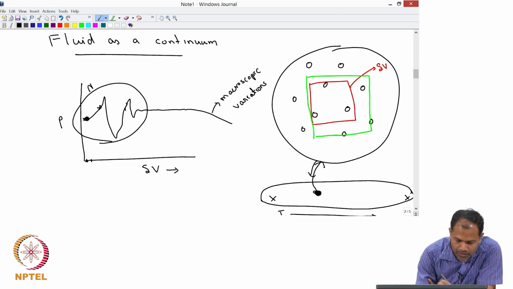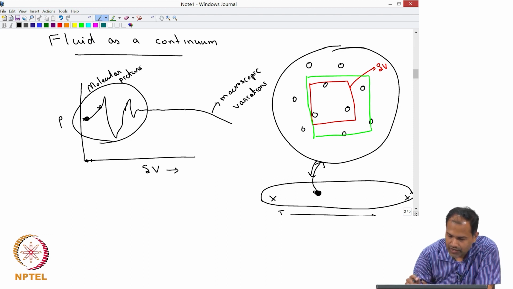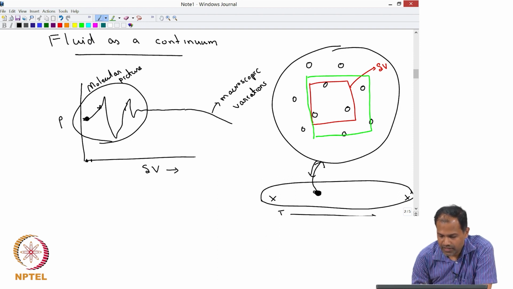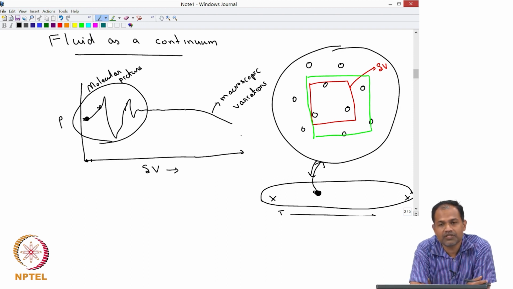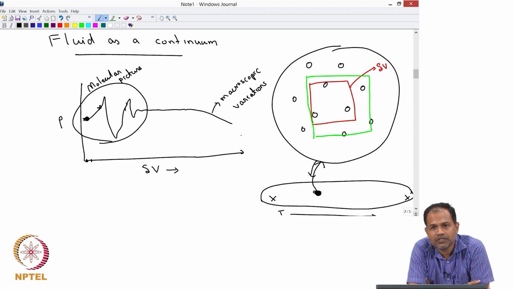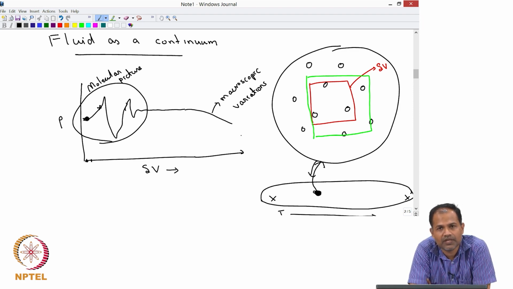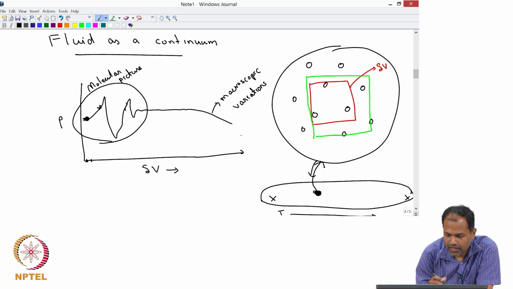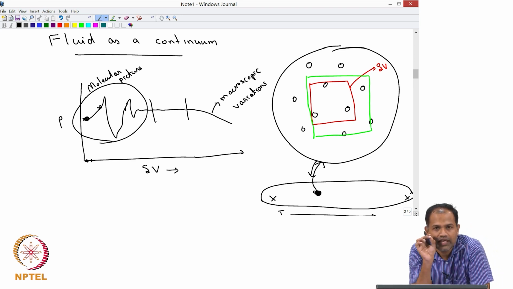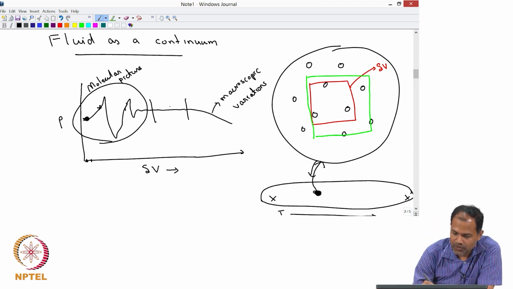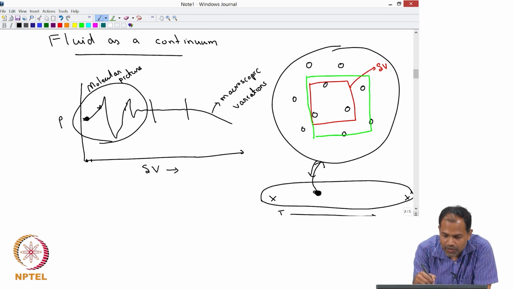So this is a molecular picture. While on the right hand side, this is where you start seeing density variations because, let us say, pressure changes, temperature changes and so on. In between there is a region where you will see density being a constant, and that is the region you consider in your continuum approach.